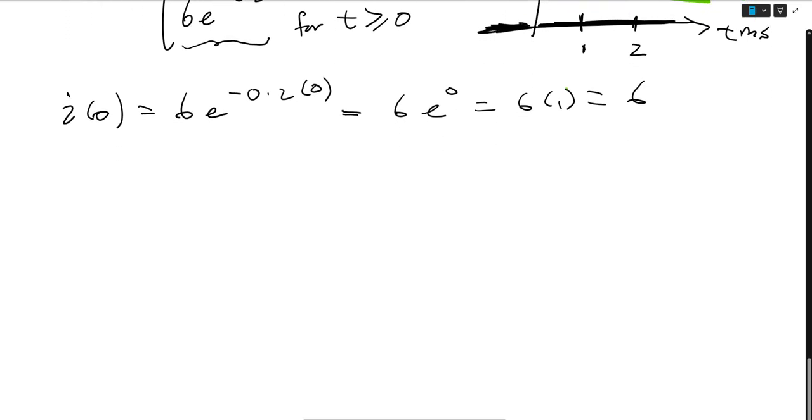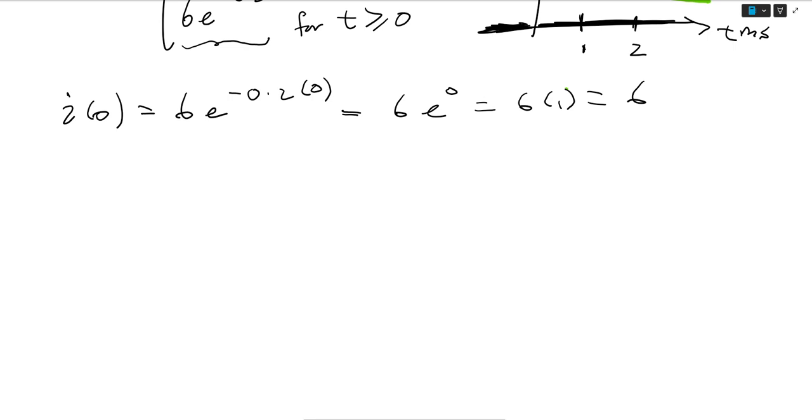Now, the problem asks us to develop an expression for the cumulative charge q of t that has been transferred past the cross section up to a time t.